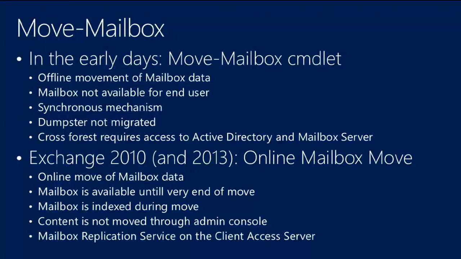Move mailbox actually looked the same as we had in 2003, where we were able to move a mailbox, but it came with some challenges. It was offline, so the mailbox was not accessible by the user. And when we look back to 2003, that was mostly fine because the mailboxes weren't that large, and the downtime for the end user, even in those days, mail wasn't that important, so users could work without their email.